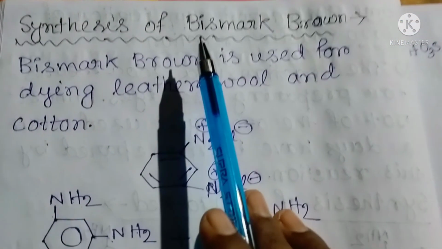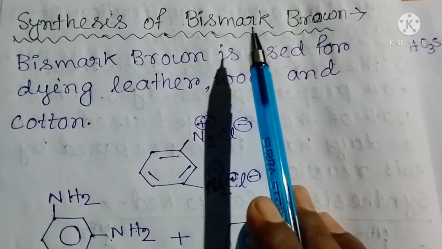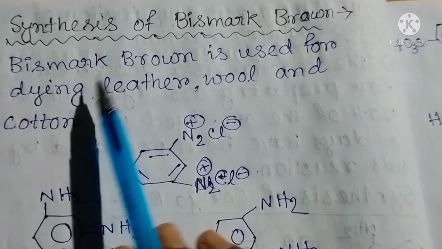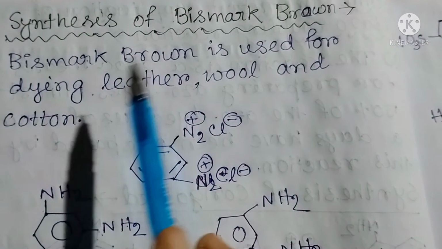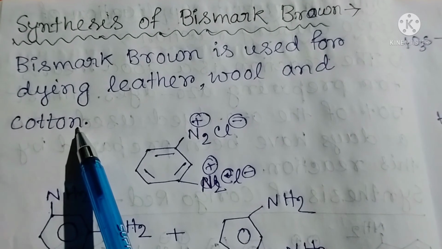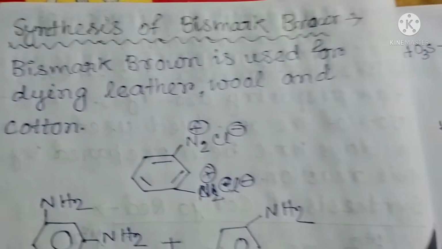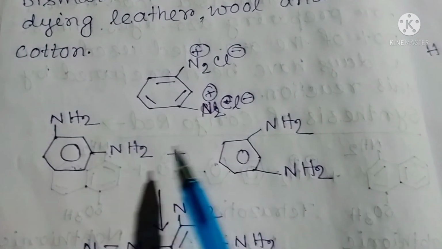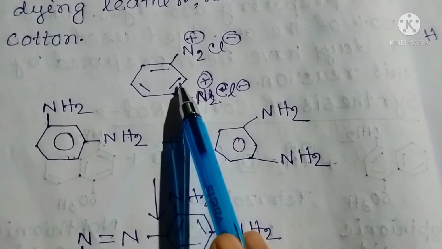Now let's see synthesis of Bismarck brown. Why do we synthesize Bismarck brown? Because Bismarck brown is used for dyeing leather, wool and cotton. So we synthesize Bismarck brown. Now we take these three compounds. Let's see the structure of the compounds.